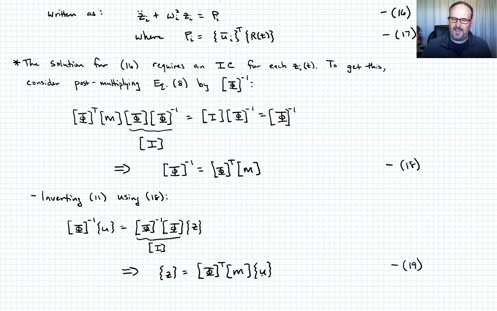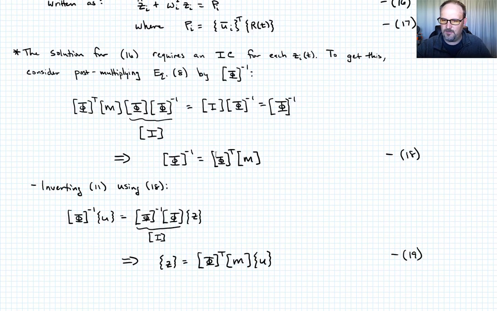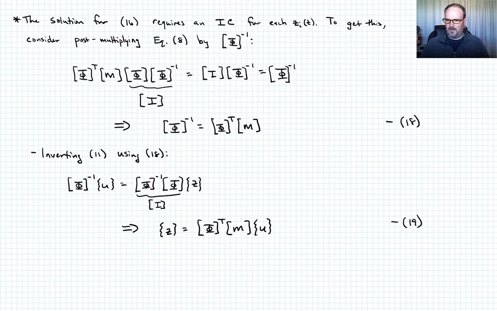So if I have an initial condition that's defined on u, I can get the equivalent initial condition for z, just using this mapping, right? I can also, as you might expect, I need something for z dot in that equation, right? Because that could be another initial condition. So I'll just say also that similarly, we may write the following.